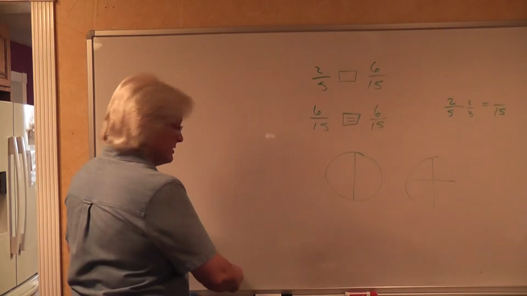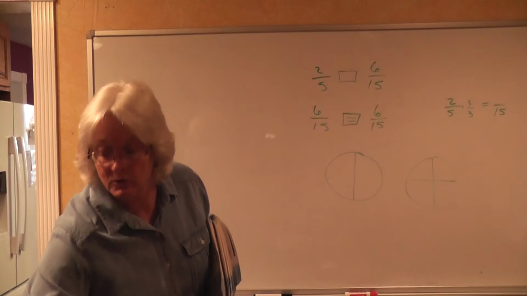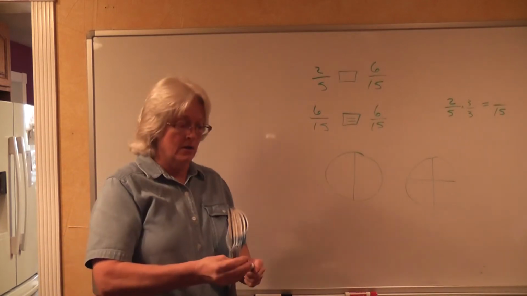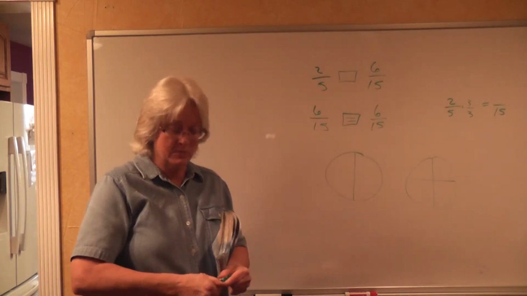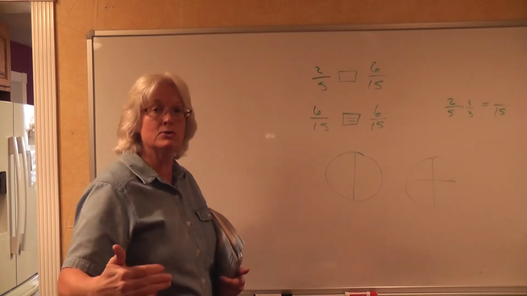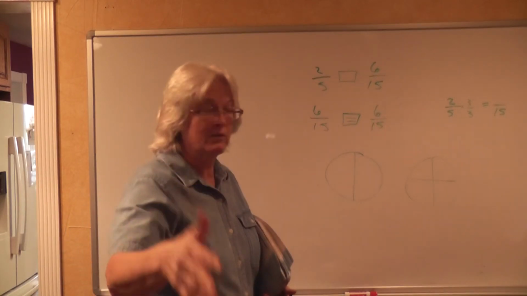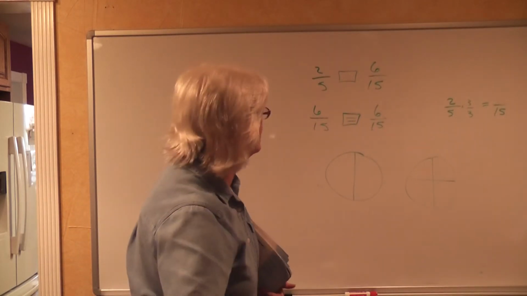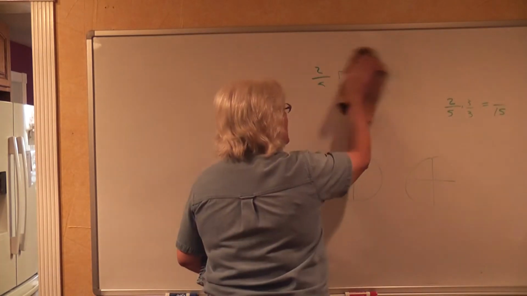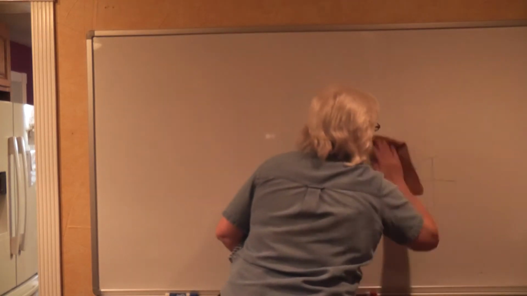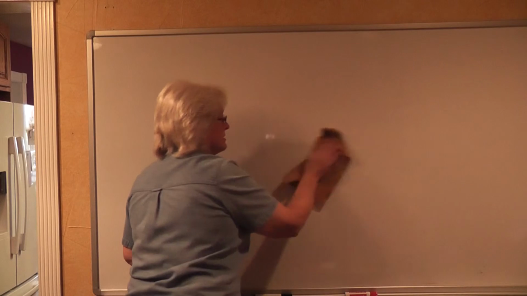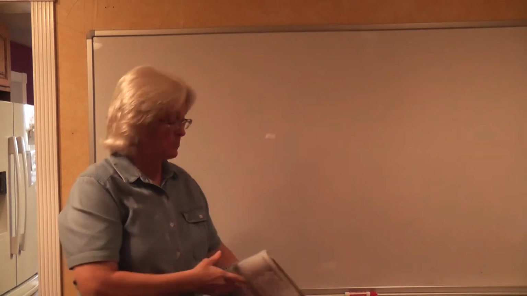Okay? This was the last skill check for comparing rational numbers using equivalent fractions. Now let's look at this idea of comparing fractions by looking at cross products.